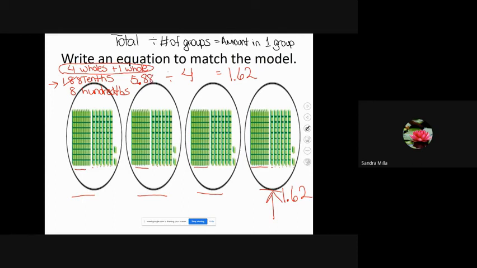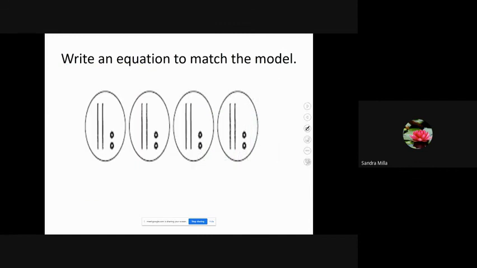So our equation would be 5 and 88/100ths divided by 4 will be 1 and 62/100ths. Okay, now we're writing an equation for this. Again, I have to figure out my number of groups, and I need to find out the total.